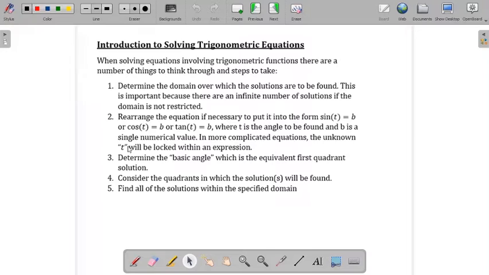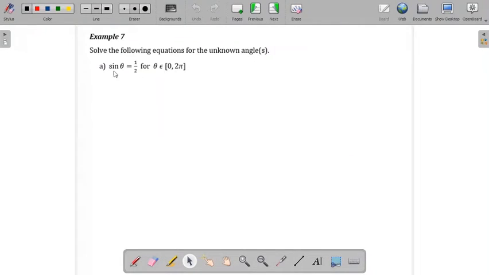So we're just going to start with some really basic equations. Example 7: solve the following equations for the unknown angles. What we've got here is sine theta, sine of some angle, is equal to 1/2. So we want to find out what this angle or angles are.